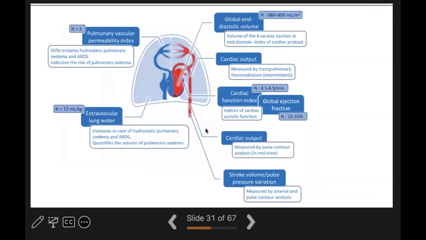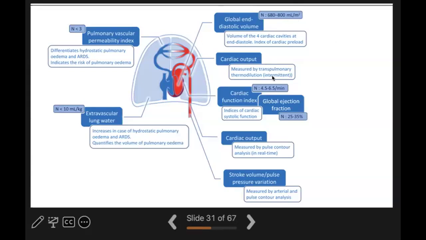So we saw that there are various parameters which are derived from this particular technique. One is the global end diastolic volume, which is the volume of all four cardiac active cavities at the end of diastole, which is the index of the cardiac preload. The normal value is between 680 to 800 ml per meter square. So we can detect whether the patient is going to be preload responsive or not by using this global end diastolic volume, which could be a good predictor of preload.